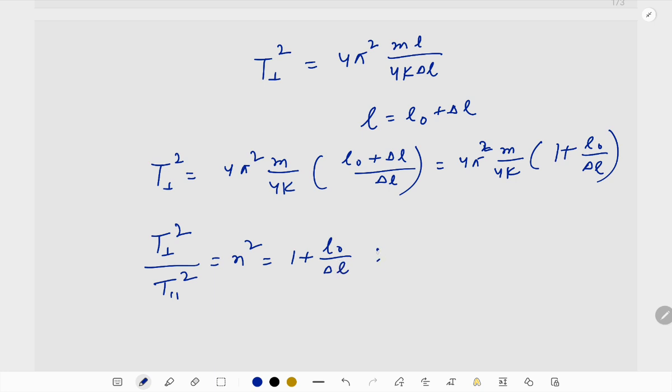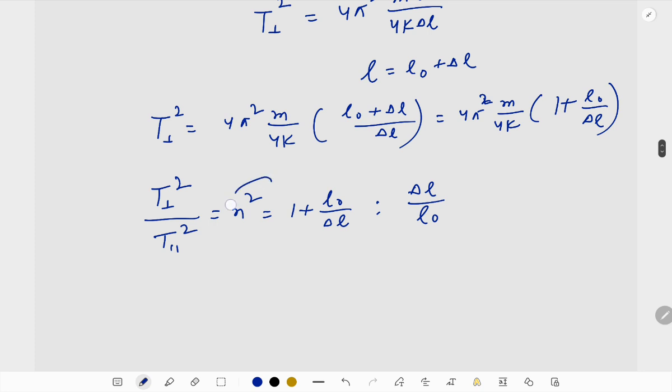and you can find ΔL by L₀ from these equations, and we can get 1 by n² minus 1, ΔL by L₀.